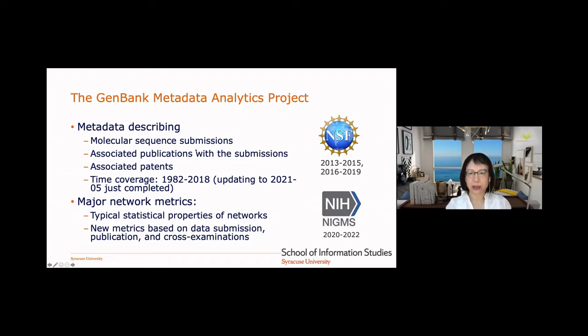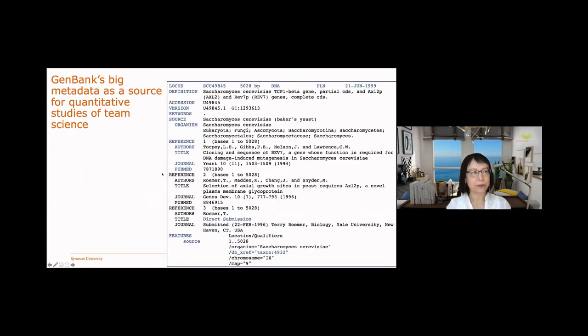So the submission of the sequence data and associated publications and patents has a time coverage of about 27 years, close to 30 years. For the major network metrics, we ran analyses to get the typical statistical properties of networks. Besides, we also developed some new metrics based on data submission, publication, and cross examinations.